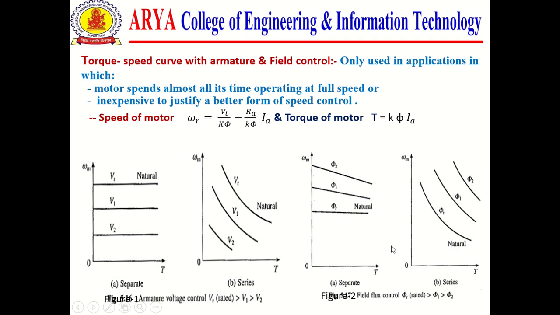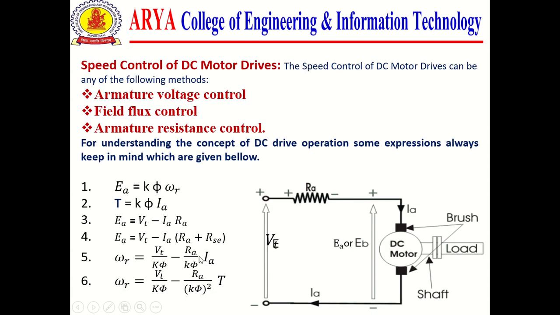Okay. So this is the relation between speed and torque for separately excited or series motors. So always keep in mind all these relations. But in the case of series, armature current is directly proportional to flux, while in the case of separately excited or shunt, the flux is constant.